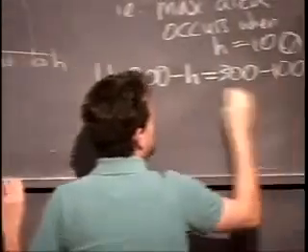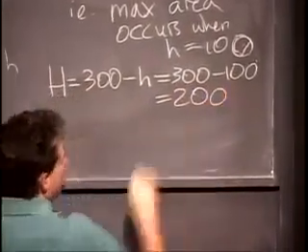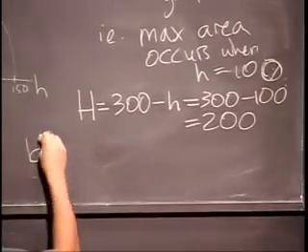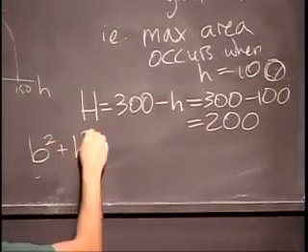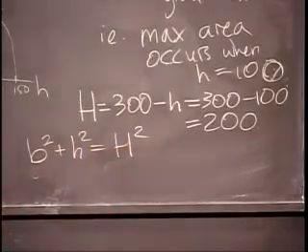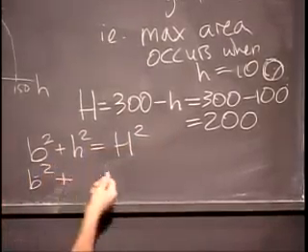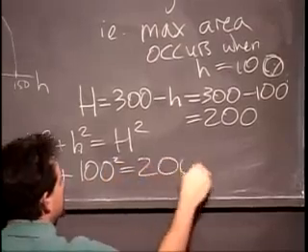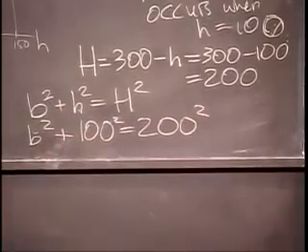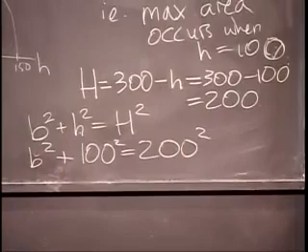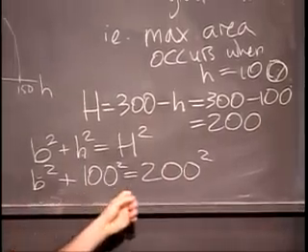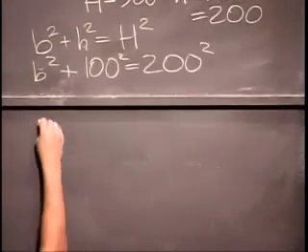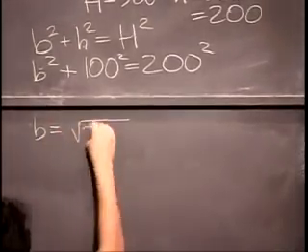It turns out to be 200. And we have b squared plus h squared equals capital H squared. So this means b squared plus 100 squared is 200 squared. Don't let the hundreds worry you too much. This just means, think of this as b squared plus 1 equals 4. So b actually works out to be root 300.